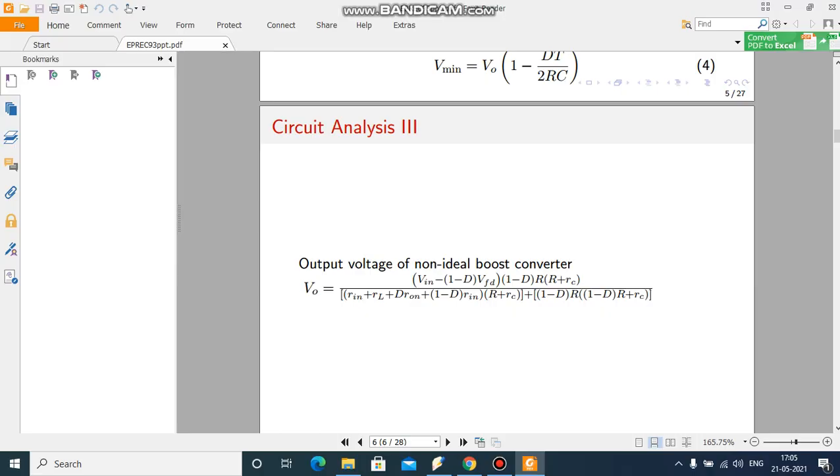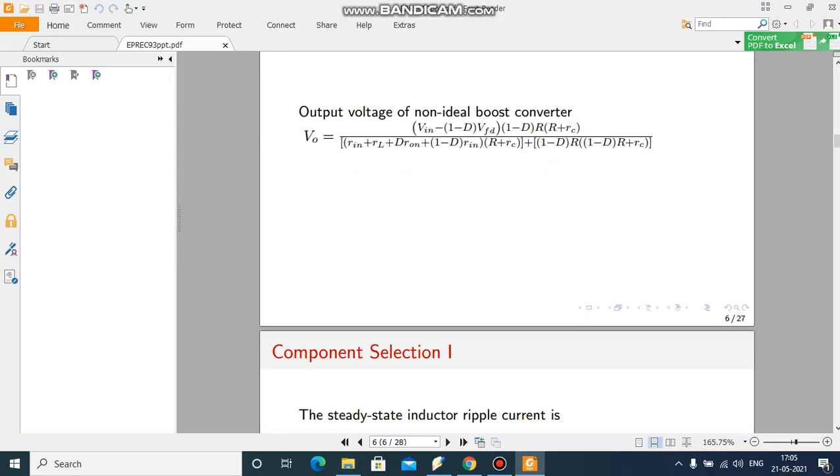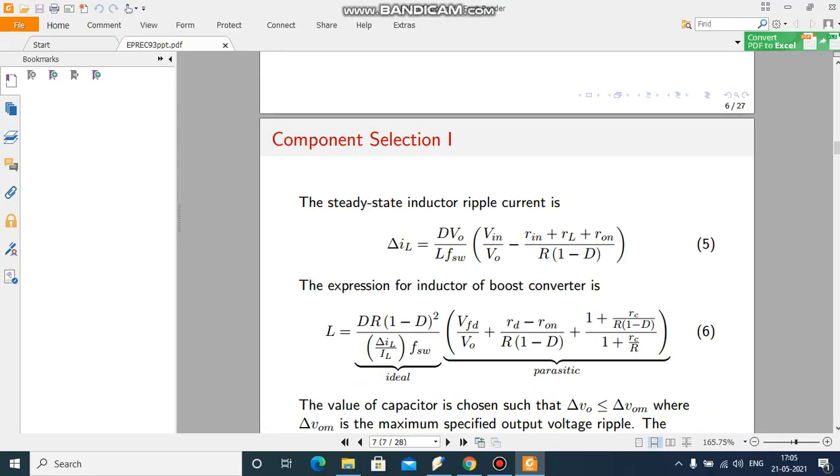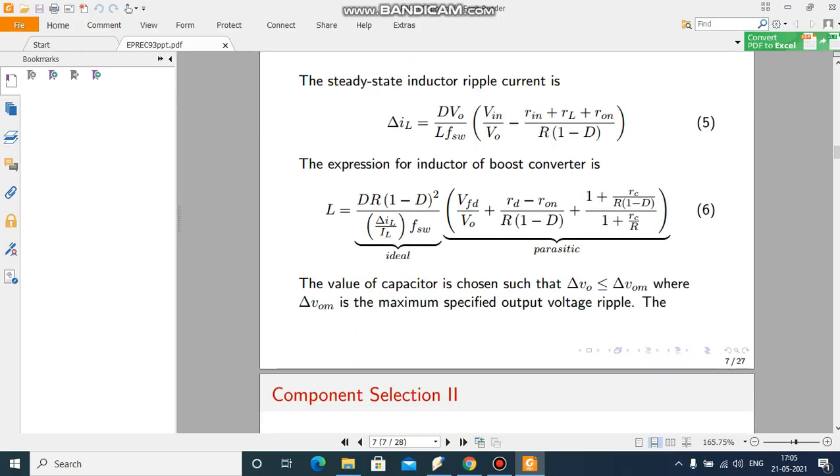For the non-ideal boost converter, we have considered all the parasitic elements, where D is the duty ratio, and the steady state inductor current ripple and the expression for the inductor of the boost converter are provided. Here we have considered both the ideal condition as well as the parasitic condition.